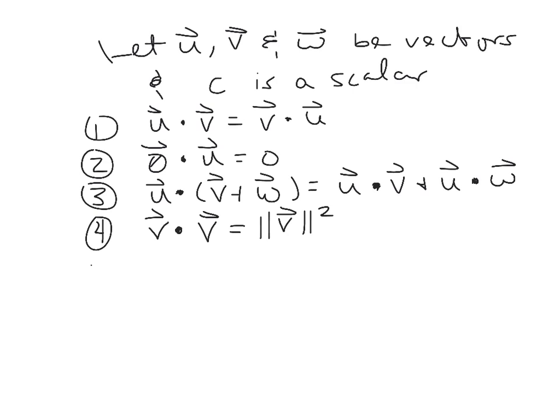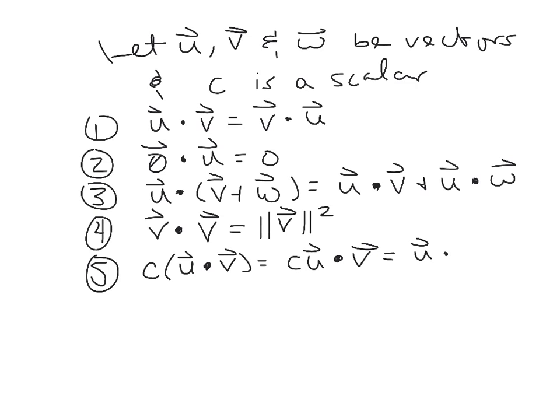And lastly, I have scalar C times U dot V equals CU dot product with V, which also equals U dot product with C times V. So, what that says is scalar multiplication within dot products is also commutative.